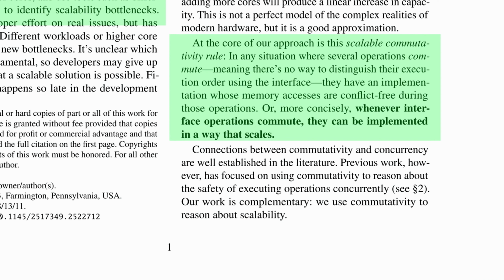If you have a series of operations where the ordering does not affect the final results, or in other words, they are commutative in some sense, then you will be able to parallelize them across multiple cores. This is the same thing as saying that the memory accesses of these operations do not conflict with each other.